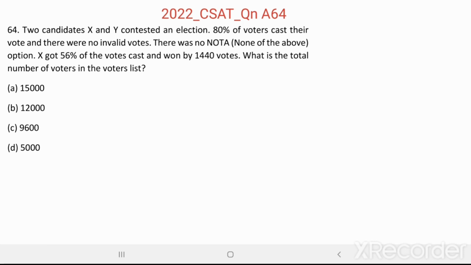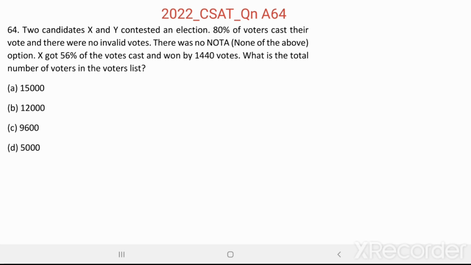Question number 64. Two candidates X and Y contested an election. 80% of voters cast their vote and there were no invalid votes. There was no NOTA option. X got 56% of the votes cast and won by 1440 votes. What is the total number of voters in the voters list?